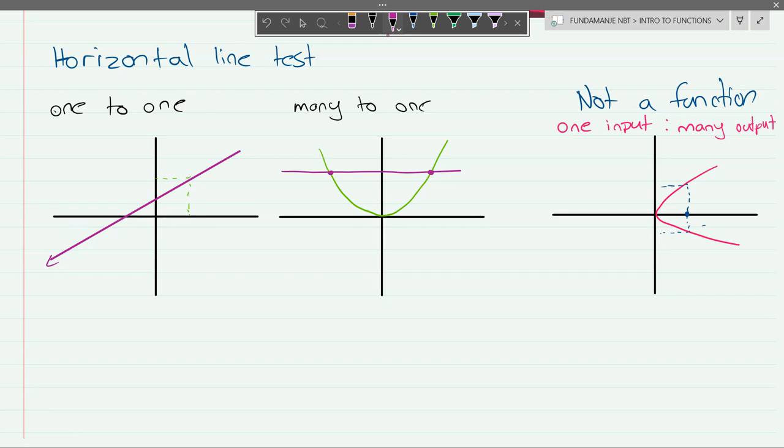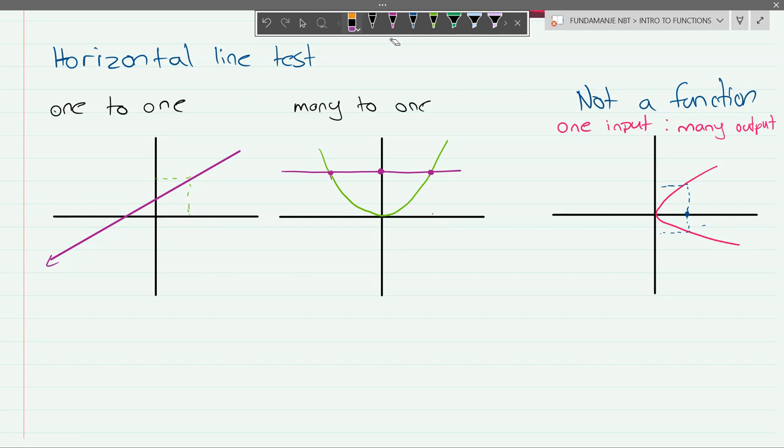This means that for one output, there can be two different inputs, which does not mean that it's a one-to-many type of output, because for any given output, we can have more than one input corresponding to that output, but we cannot have more than one output for one input.